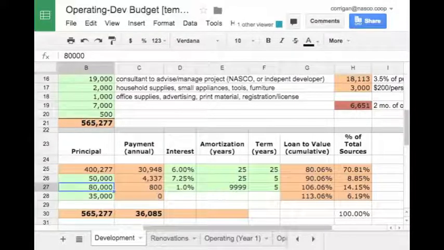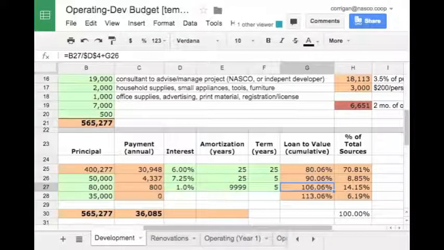So if everything went bust, the property got sold, liquidated, and then the money was used to pay off the loans, people in this third tier would not actually be getting their full amount of principal back, whereas the first and second tier would be. So groups that are willing to loan above 100% loan to value are definitely taking a much bigger risk and perhaps not necessarily assuming that they would get that money back, or are very confident that the co-op's going to succeed.